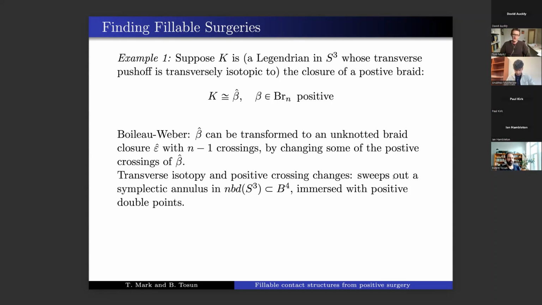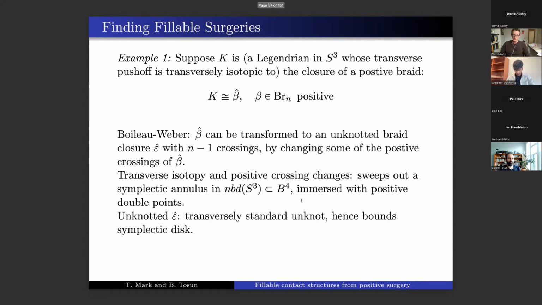So doing these crossing changes sweeps out a symplectic annulus with positive double points in it. Then you're at this unknotted braid closure, and if you count things up, that's going to be some sort of standard unknot, at least up to transverse isotopy, and so that will bound an embedded symplectic disk itself.